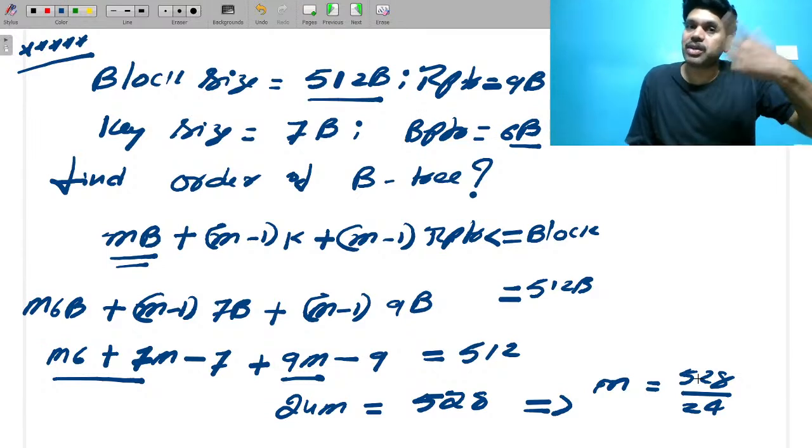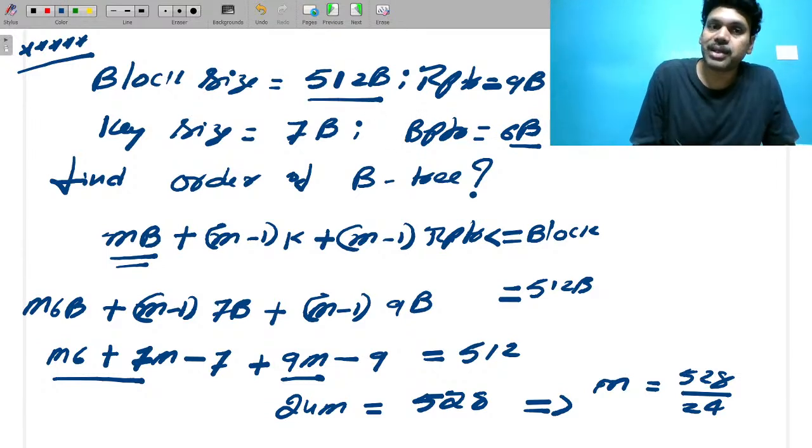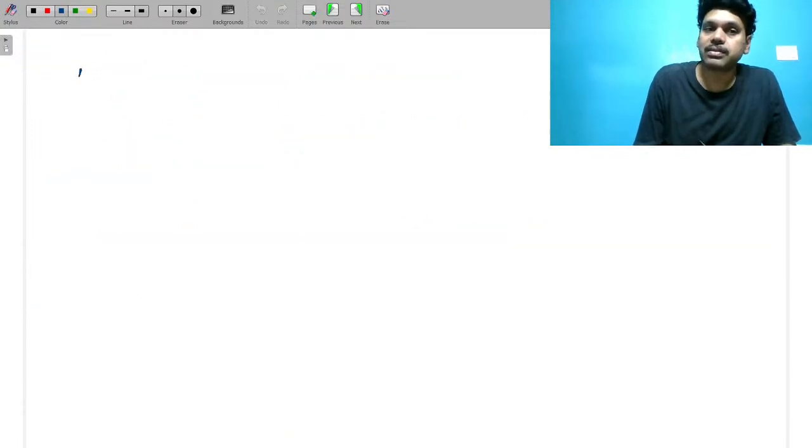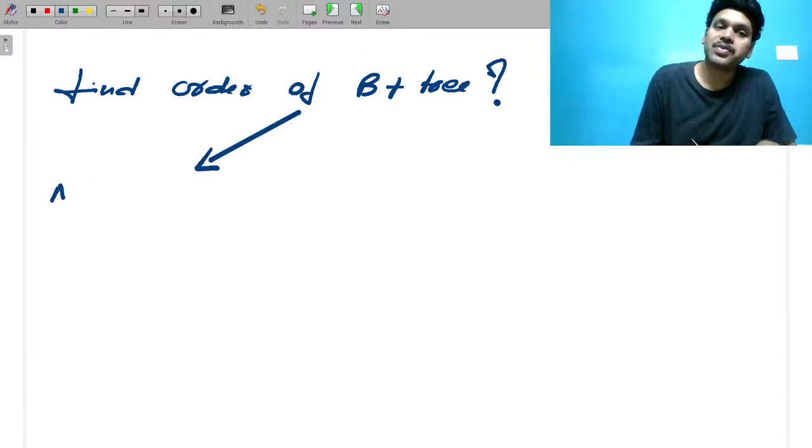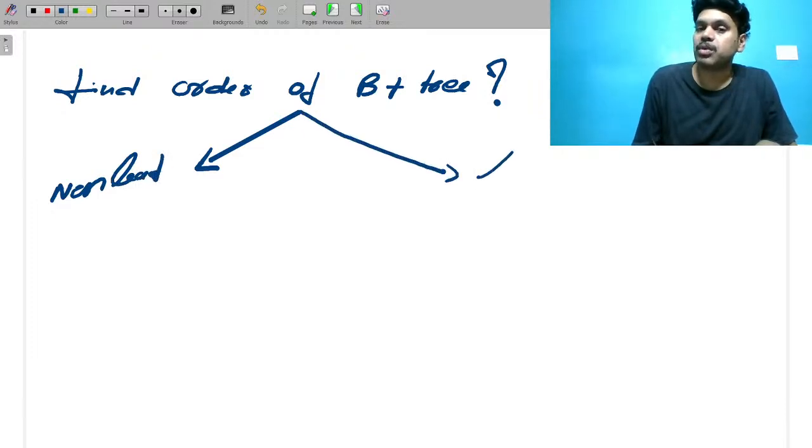The same question we want to do for B plus tree. Find the order of B plus tree. You can find two orders, one for non-leaf node and the other for leaf node, because we have two structures.